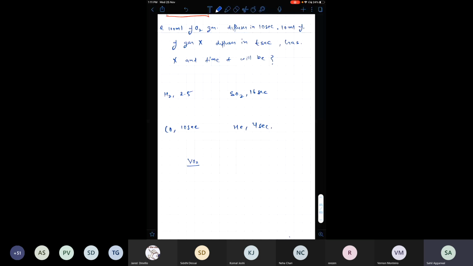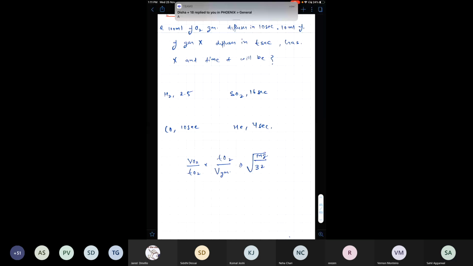Volume of O2 divided by time of O2, volume of gas divided by time of gas, mass of O2 divided by mass of gas.